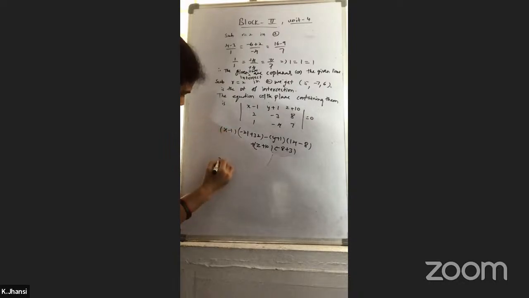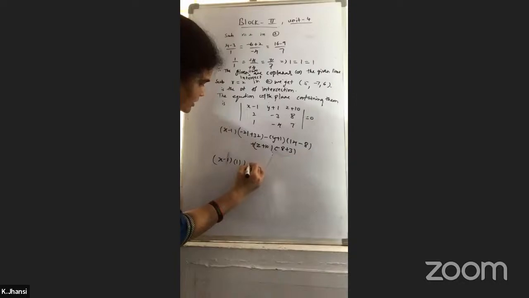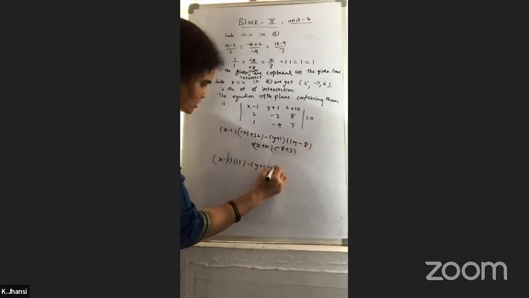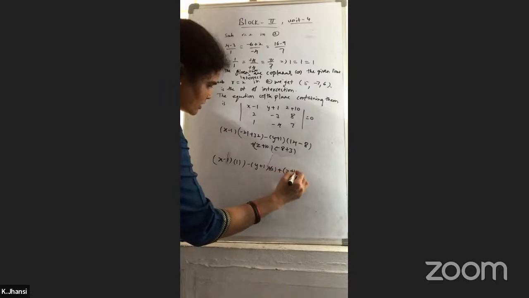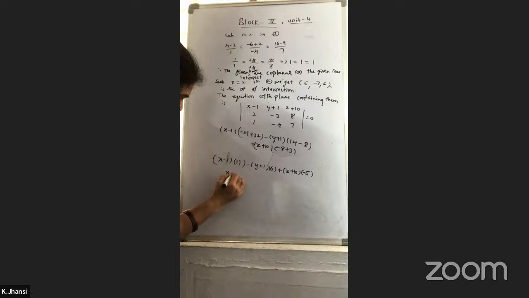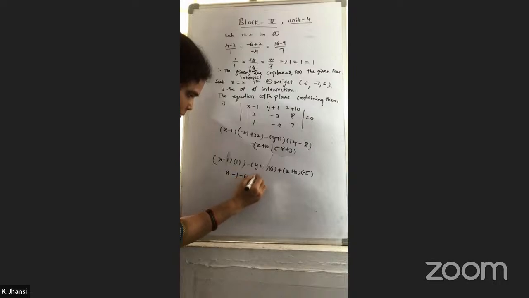So x minus 1, how much did we get? 11. And this is minus y plus 1, 14 minus 8 means it is 6 here, plus z plus 10, this is minus 5. So if you multiply x minus 1 by 11, you get 11 times x minus 1. With the 6 you multiply, this is minus 6y minus 6.